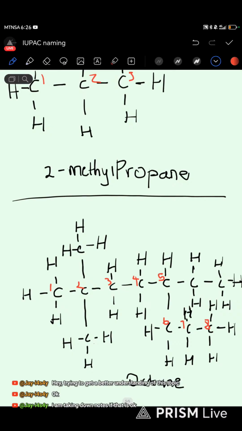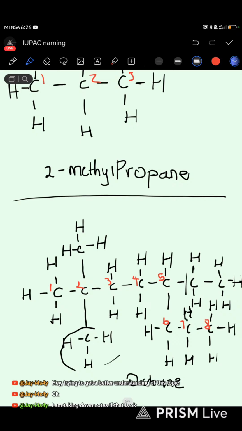If you look at carbon number 2, there is a methyl group, this one, and then there is another methyl group over here. So on carbon number 2, we have 2 methyls. Where else do we have a branch? On carbon number 5, I have ethyl, which is this one over here.